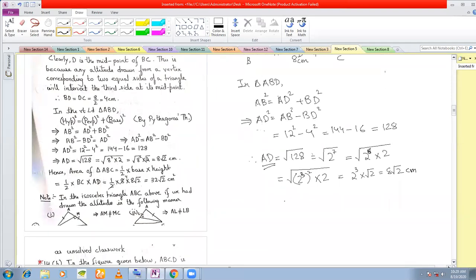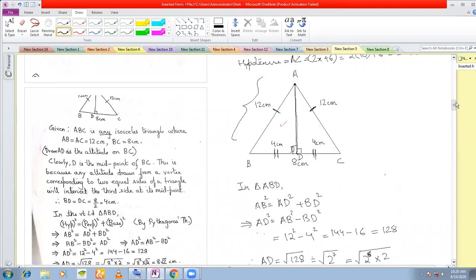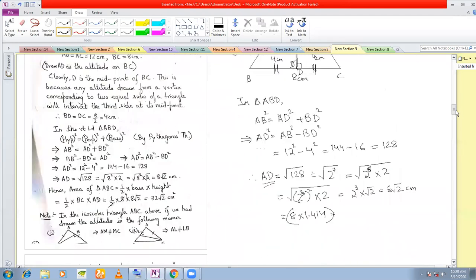You can put the value of root 2, 8 into 1.414, and get this length in decimals. But I leave it here as 8 root 2 centimeters. The next question is to calculate its area.